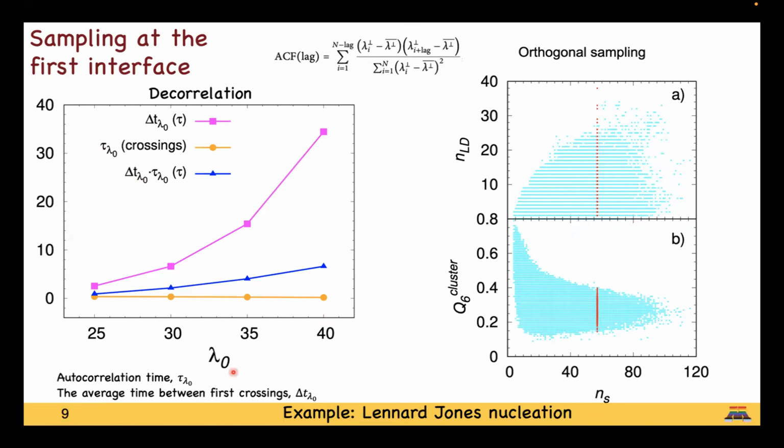And what is the average time between each crossing? And when you multiply the two, you get the time that you should have between two crossings. And so based on that number, then you can decide where to place your lambda naught, because you want to be able to sample enough number of configurations, you want them to be decorrelated, and you want them to be able to span the orthogonal direction properly, right? So when you can satisfy all of these conditions, that's the lambda naught you want to pick. And then you go through the process to get all of your sampling.